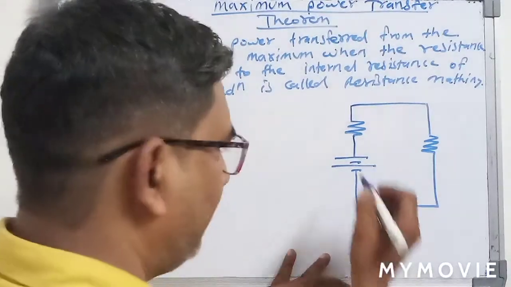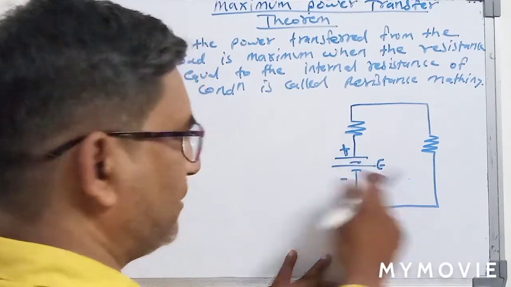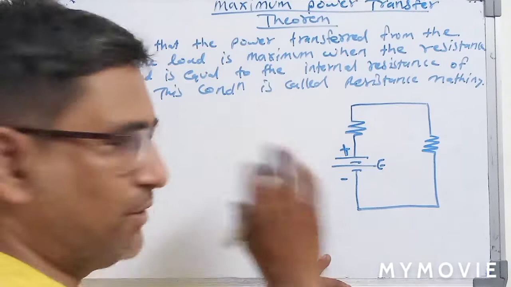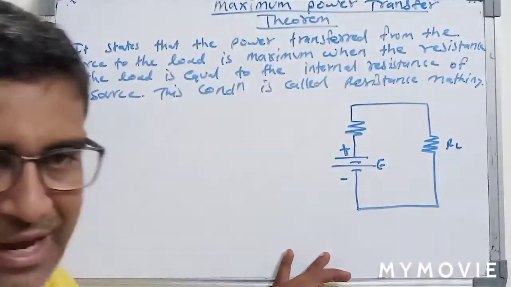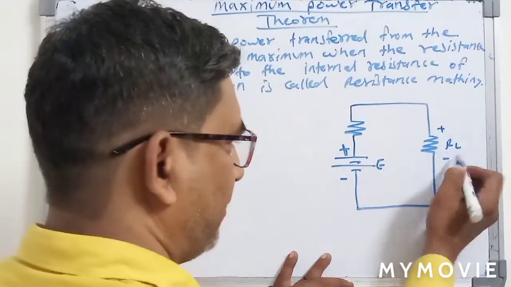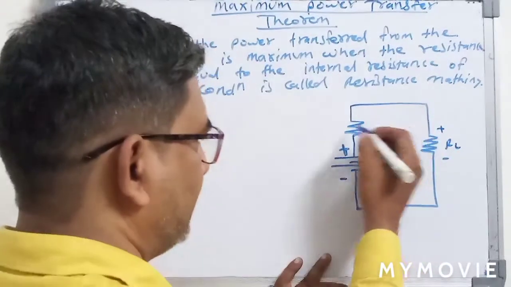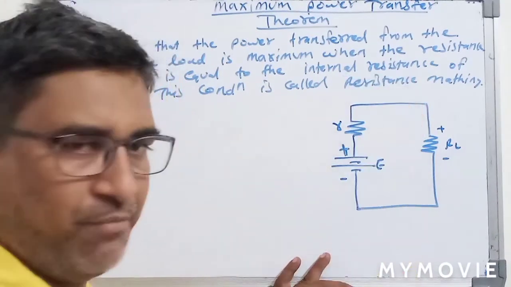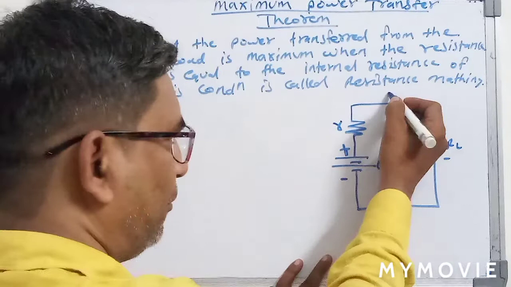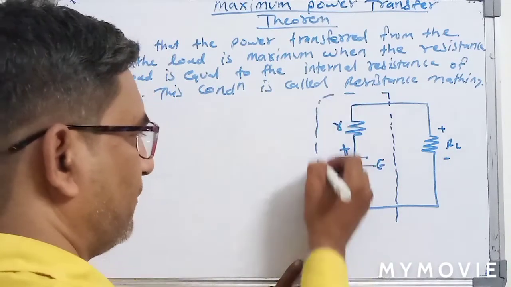Here are the positive and negative terminals of E, that is the EMF source, the voltage. Here the small resistance is the load resistance RL, again with positive and negative terminals. The resistance connected across the battery is the internal resistance, represented by r, and the whole thing is indicated with a dotted boundary like this.